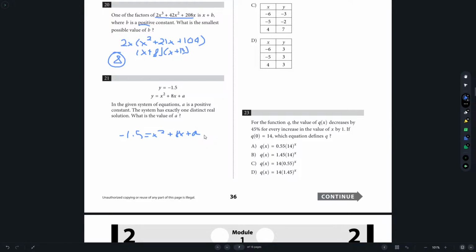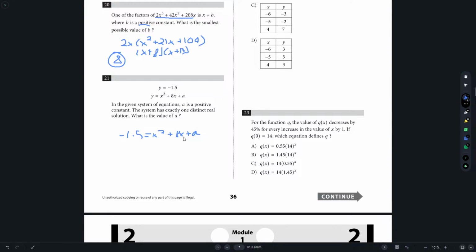Distinct and real kind of implies to me that maybe we're looking at a square here. So a plus 1.5 is equal to the square. That would give us the 8x. But in that case, there wouldn't be a middle.